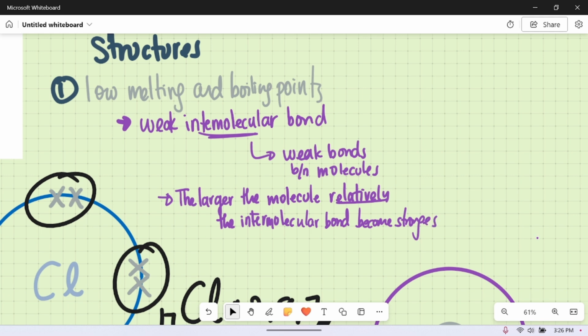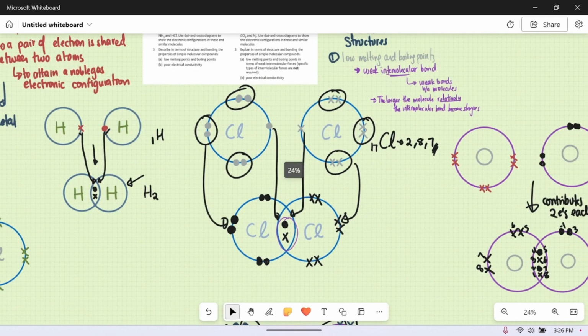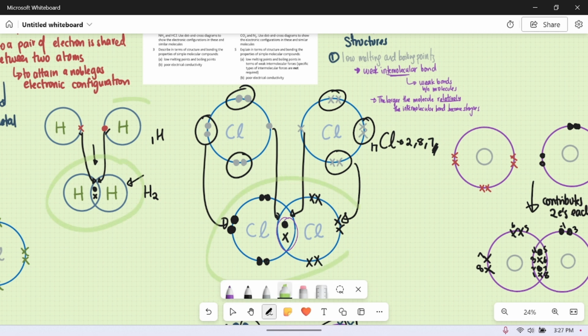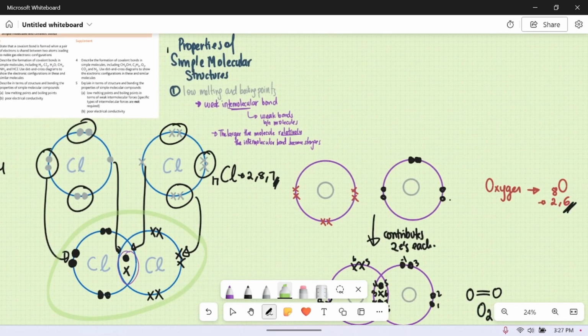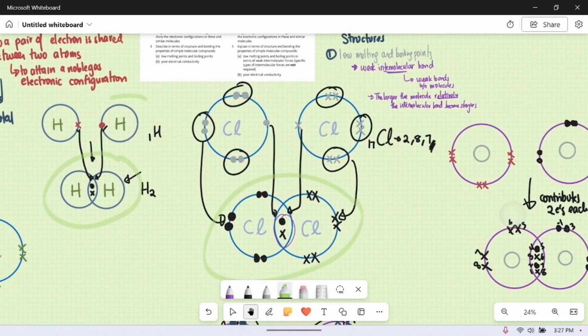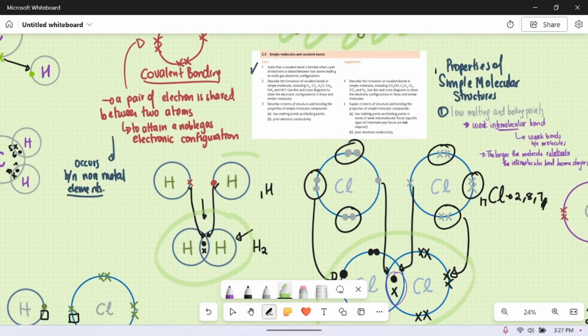If I look at the bond between a hydrogen atom and a chlorine atom, because there are more electrons present in chlorine than hydrogen, we know that the chlorine bond is much stronger than the hydrogen bond. Which is why the melting point of, let's say, a hydrogen molecule, I've never tried to melt hydrogen gas, but it is lower than a chlorine molecule. So that's low melting points done.